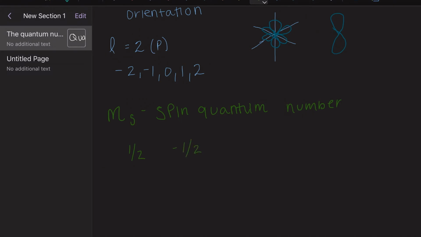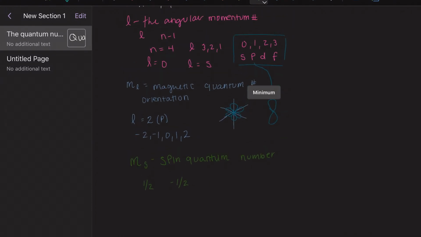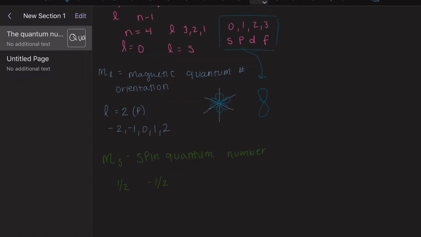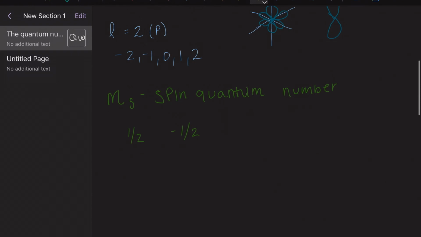And this just tells you whether the electron that you're talking about is spinning clockwise or counterclockwise. And whether your L is 1 or 2 or 3 and your M sub L is negative 2 or positive 2, you can only have negative 1/2 and positive 1/2 as your M sub S values.